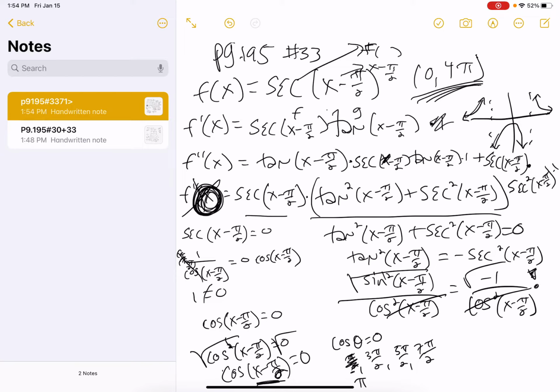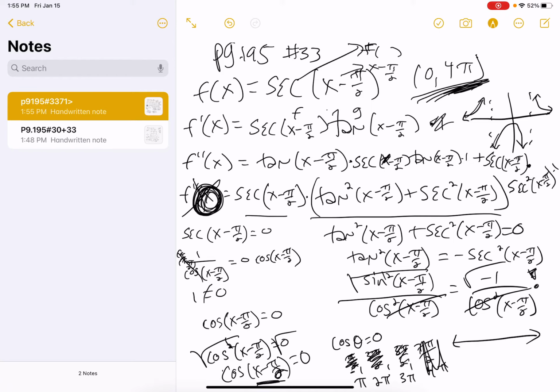The next value of x is going to be 2 pi, because 2 pi minus pi halves is equal to 3 pi halves. And then 3 pi, because 3 pi minus pi halves is 5 pi halves. Now this one is going to be 4 pi, right? But that's not in my domain, so that one's not going to be a possibility.